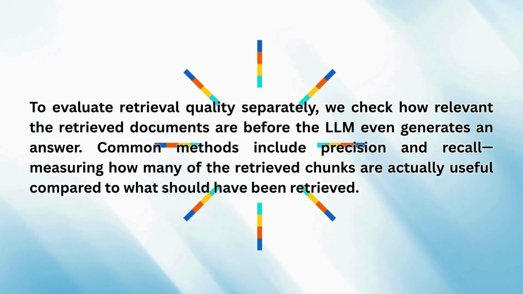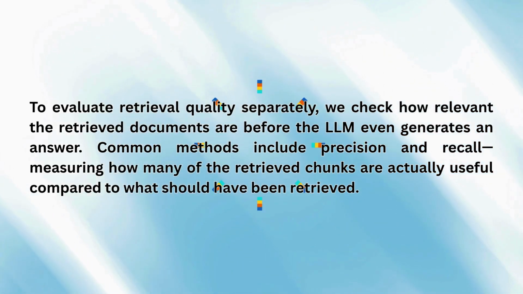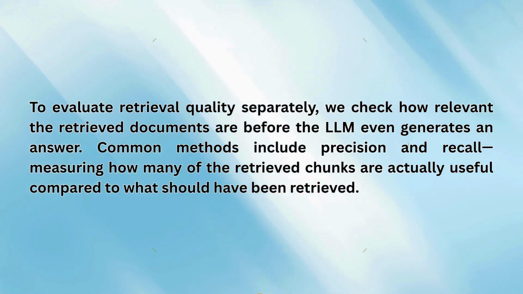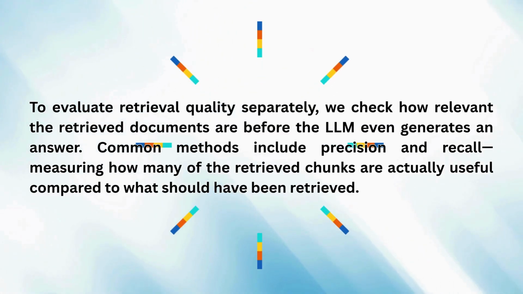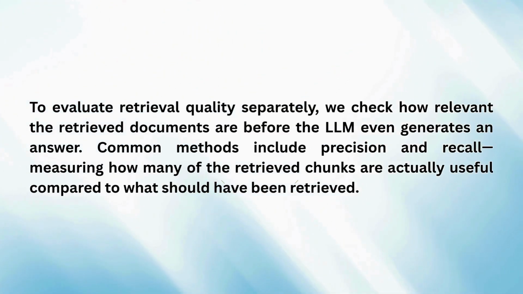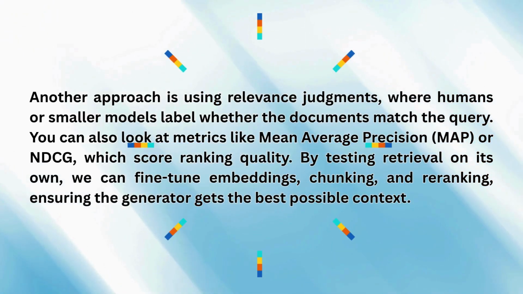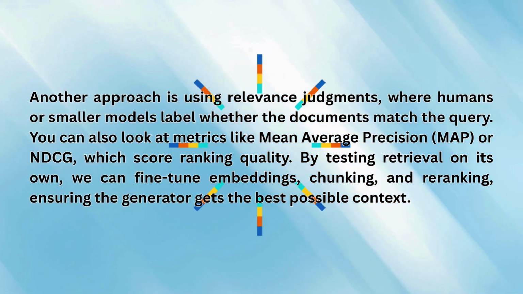How do you evaluate retrieval quality separately from generation quality? To evaluate retrieval quality separately, we check how relevant the retrieved documents are before the LLM even generates an answer. Common methods include precision and recall, measuring how many of the retrieved chunks are actually useful compared to what should have been retrieved. Another approach is using relevance judgments, where humans or smaller models label whether the documents match the query.